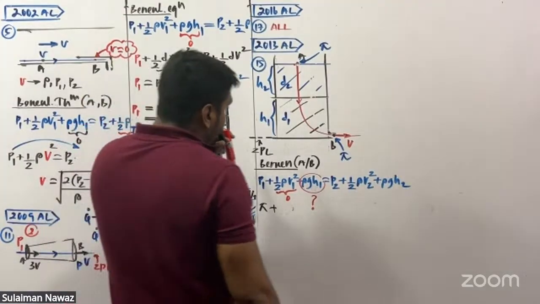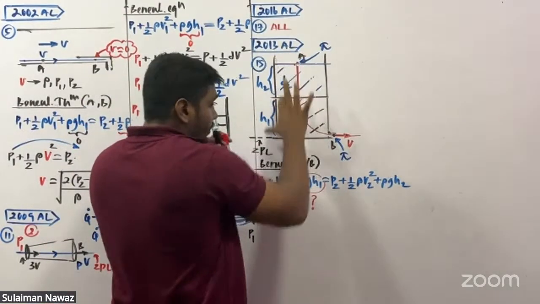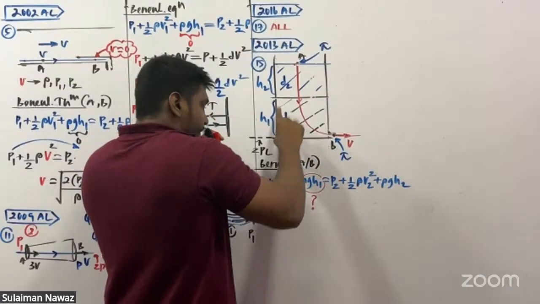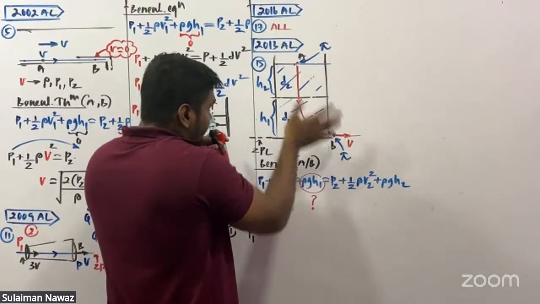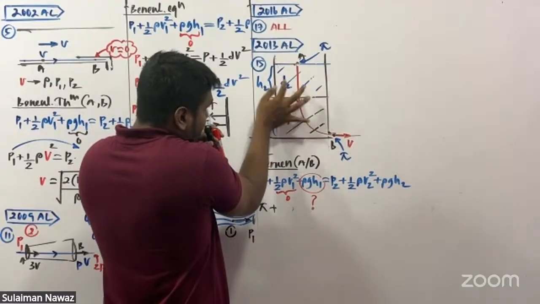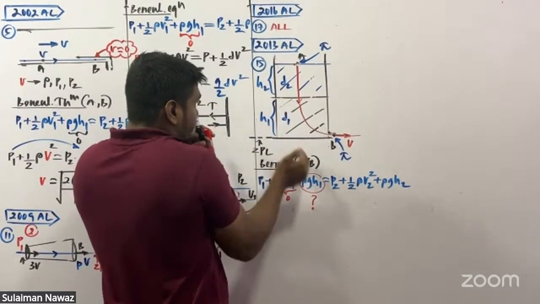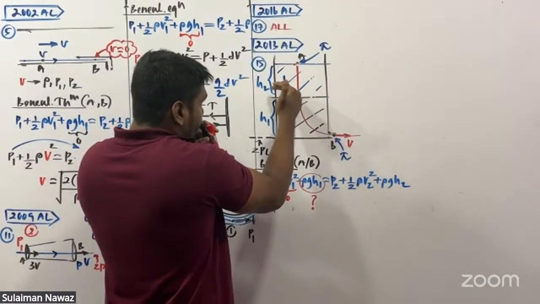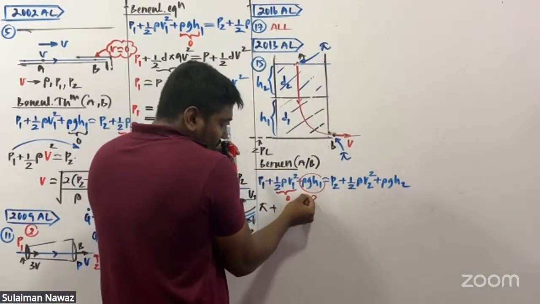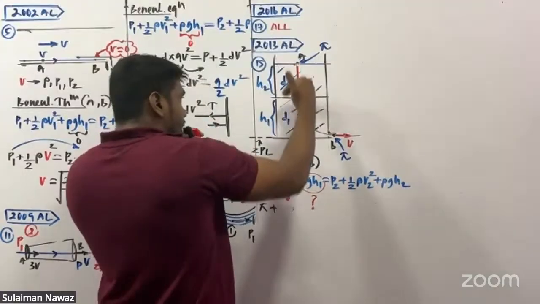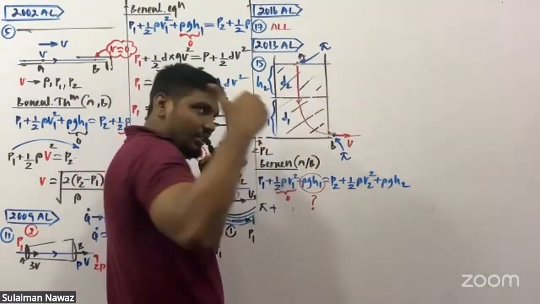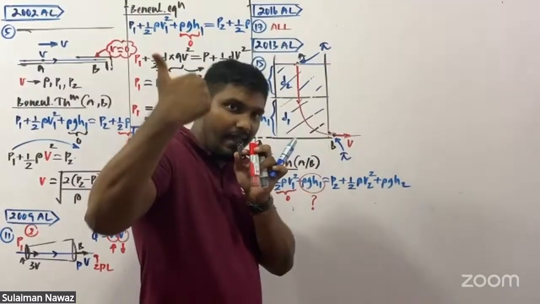Remember, since there are two liquids involved, here is the problem. If there were only one liquid, the H2 D2 liquid only, then you could directly say rho D2 g H2 is the potential energy per unit volume. But with two liquids, remember potential energy links with the height.